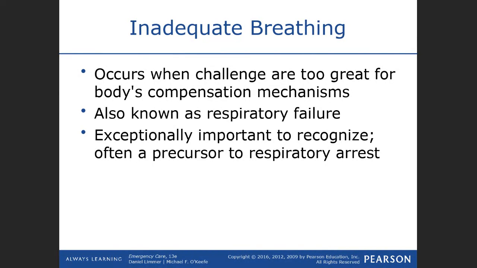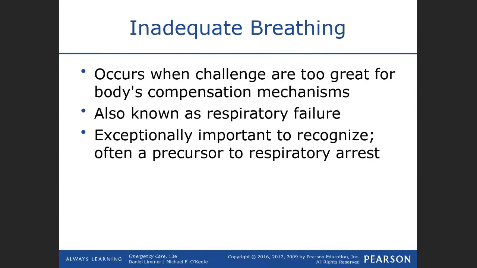And poor chest rise can be from slow breathing, shallow breathing, irregular breathing, it can be from paradoxical breathing, where both sides of the chest are moving in opposite directions. So once there is a ventilation problem with altered level of consciousness, you have a patient that's failing, right? So this is where your patient is failing.